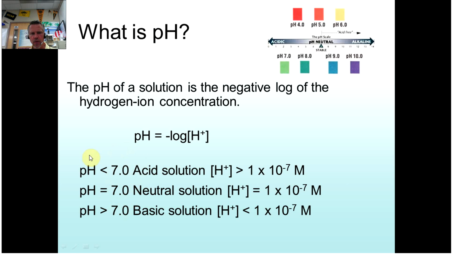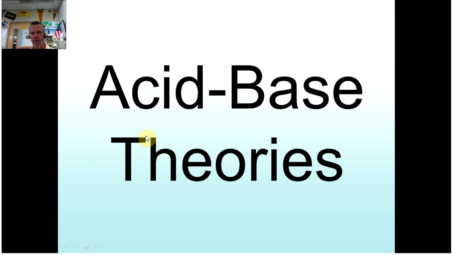Really, I want you to know this part right over here. pH greater than 7, that's a basic solution. That actually means there's not very much H plus around, and instead you've got a lot of OH minus, a lot of hydroxide around. So key piece here: pH is equal to the negative log of the H plus concentration. If you were given the H plus concentration, you could calculate the pH.